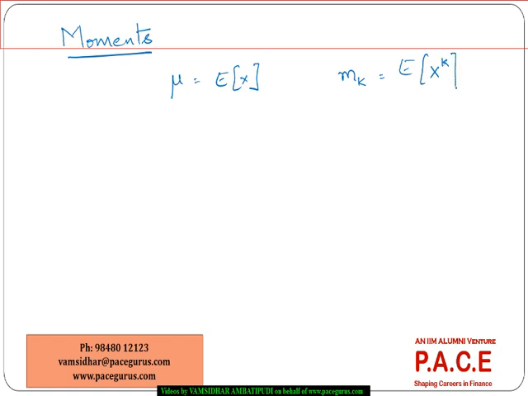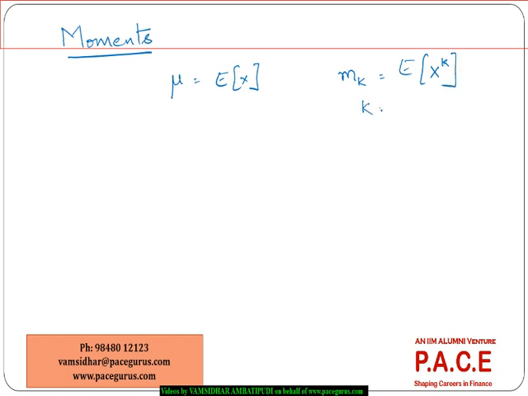Now, let's move on to our next topic, which we call the moments of the distribution. If we look at the mean, we have called it the expected value of x. So this I will generalize, saying m_k is nothing but the expected value of x to the power k.